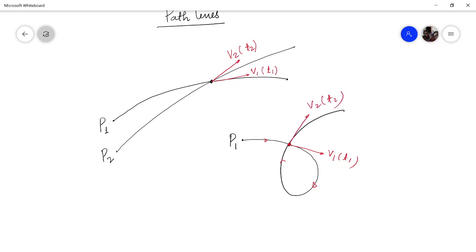These two velocities are at different times, because the particle has to take some time to arrive at this point again. Therefore path lines not only can intersect, they can also form a closed loop, whereas streamlines cannot intersect, nor can they make a loop. This is a very important point.